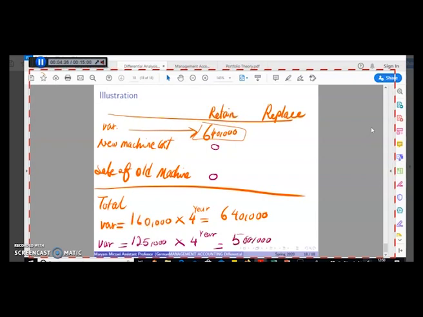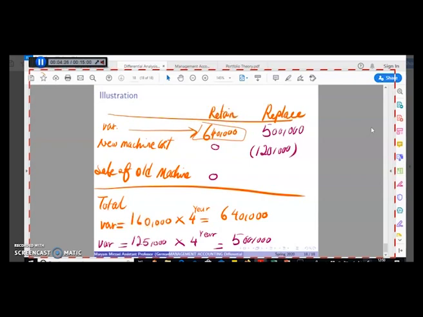500,000. For replace, it will reduce to 500,000. But I need to pay for the new machine, of course, which will cost me 120,000. This is the price for the new machine.